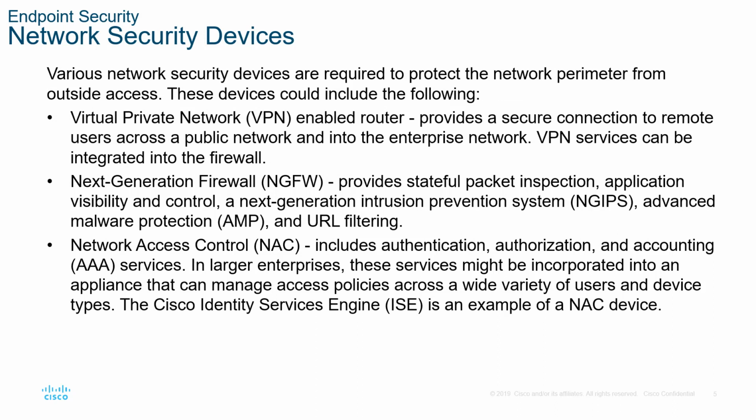So some of our security appliances, things like network access control or AAA servers or Cisco's ISE servers or next generation firewalls and VPNs, all of these things are hardware type devices or systems that are providing protection for that network at the perimeter.